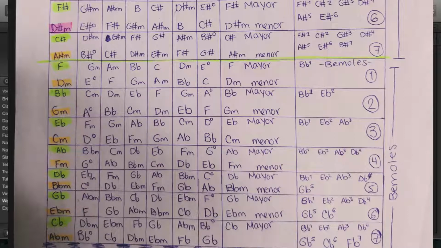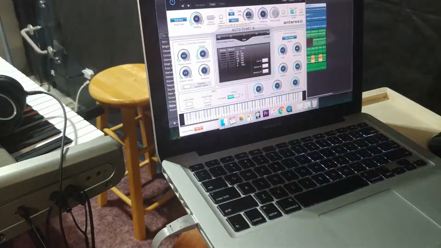So that's one way, and the best way actually, by looking at the chords and figuring out how many alterations you have.